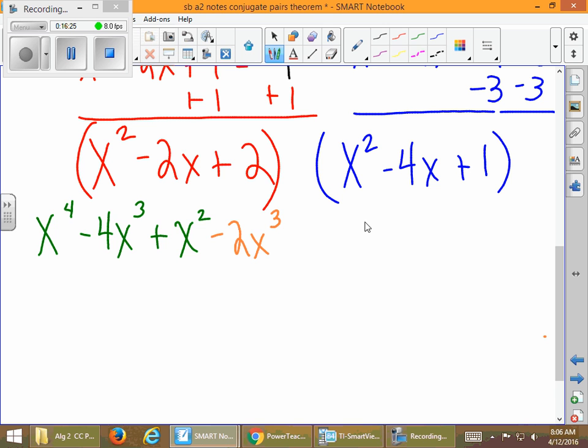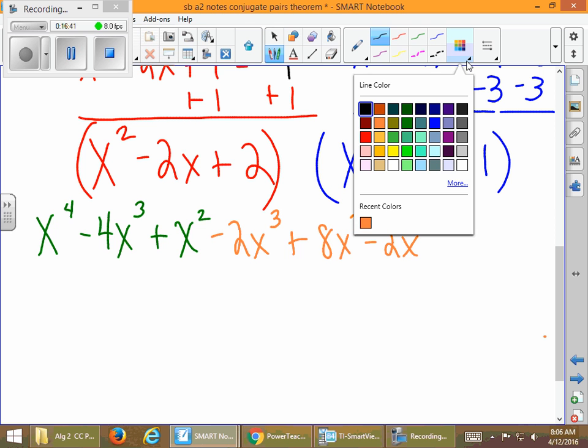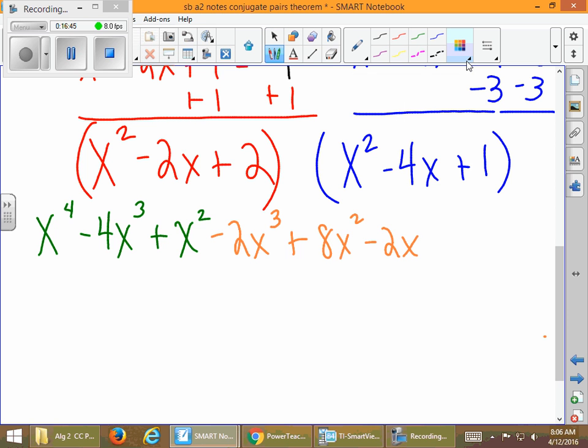Negative 2x times negative 4x is positive 8x squared. Negative 2x times 1 is negative 2x. And then 2 times x squared is 2x squared. 2 times negative 4x is negative 8x. 2 times 1 is 2.